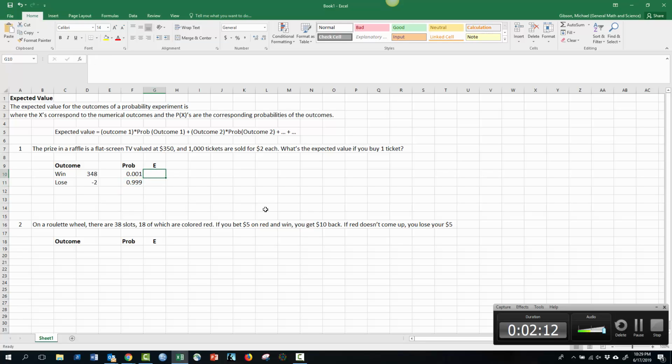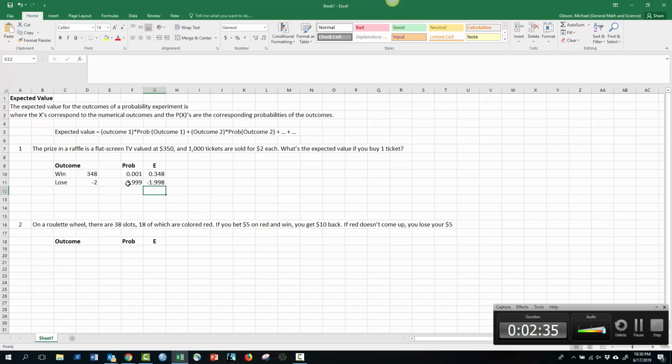Now, to compute the expected value, I have to multiply each outcome times its probability. So type in equals, select the outcome, times the probability. And then again, in the next row, in the lose outcome row, equals, type the outcome minus 2 times the probability.